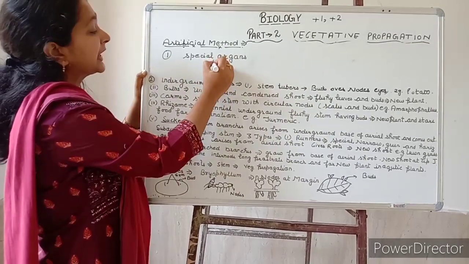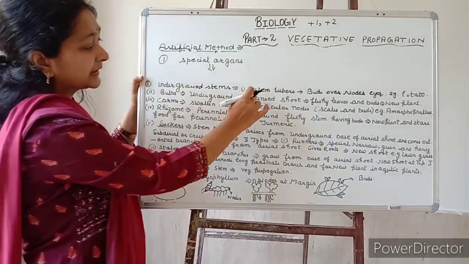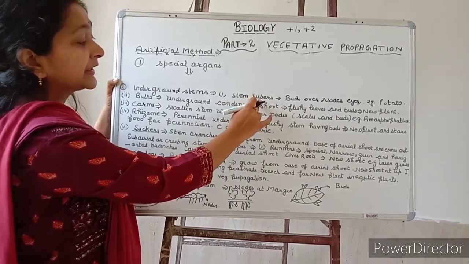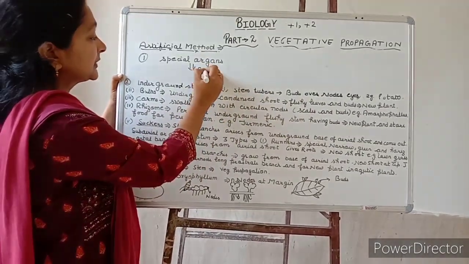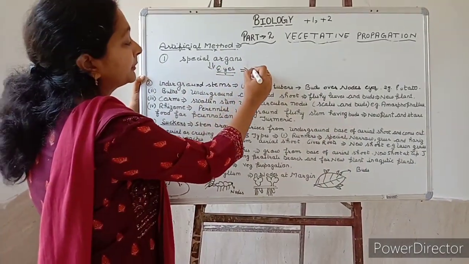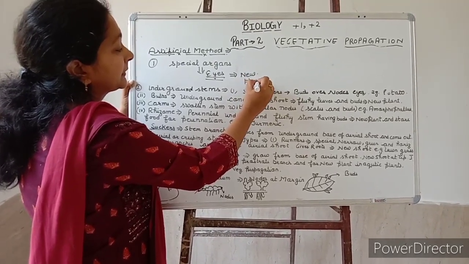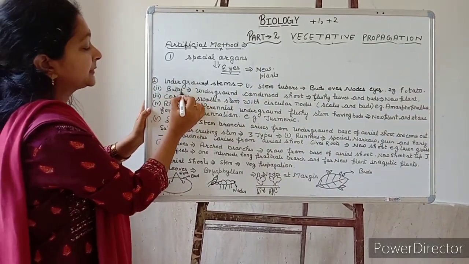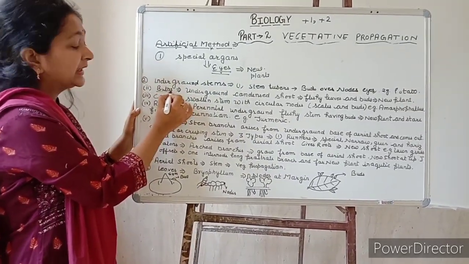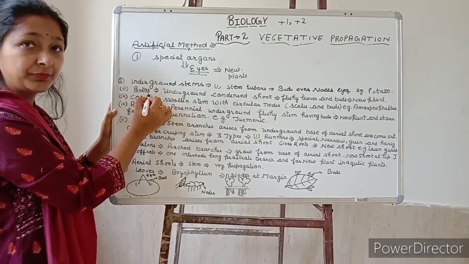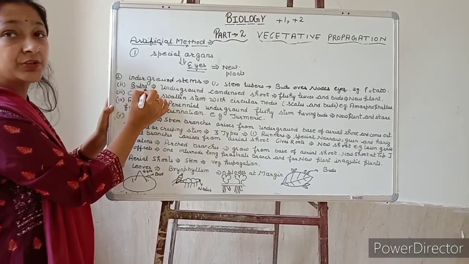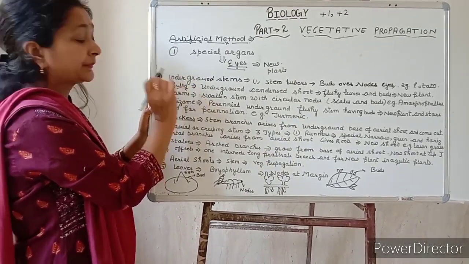All these organs we have studied, like stem tuber. We cut the eyes on the stem tubers, and they can form new plants. Second, bulbs. Bulbs of onion and garlic, and bulblets of garlic, both give rise to new plants on cutting.